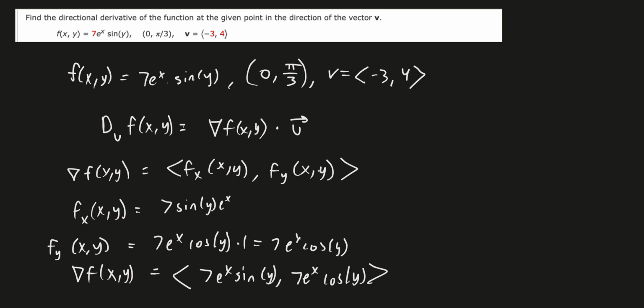Okay, so let's see here. We have to first figure out the gradient at the point. The gradient at (0, pi over 3) gets you to (7e to the 0 times sine pi over 3, 7e to the 0 times cosine pi over 3).